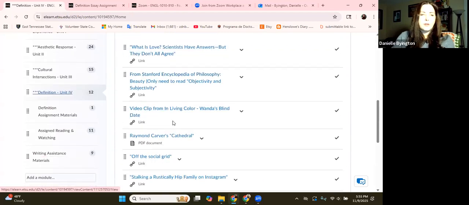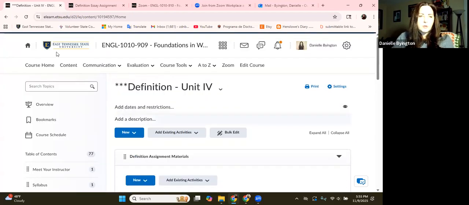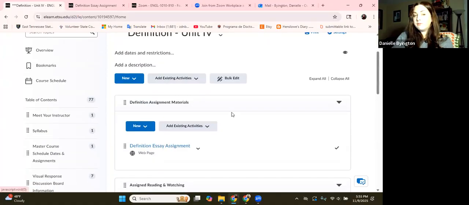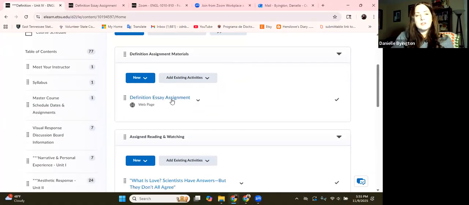So just to point out where this is, when you are in the course and you're in the content tab, then if you scroll down to definition unit 4, it is just right there. If I need to add anything else to this particular submodule, I will let you know.